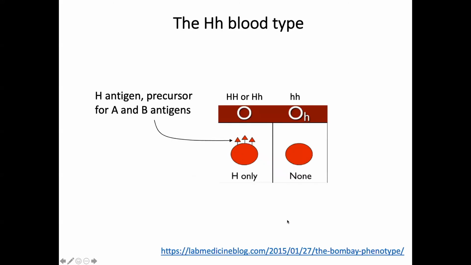Okay. In this H blood type system, the big H or the heterozygous Hh make a protein called H antigen. H antigen is found on virtually all red blood cells and is the building block for both A and B antigens.